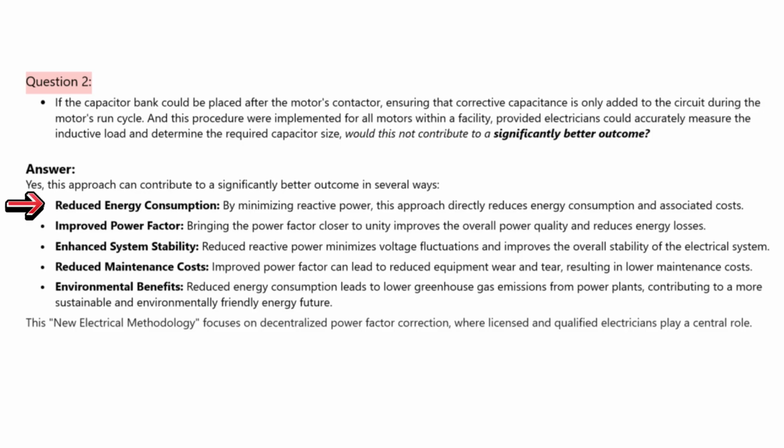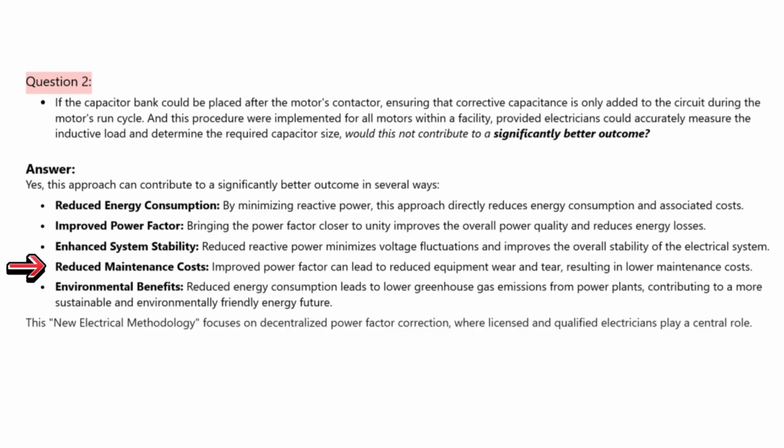Reduced energy consumption. By minimizing reactive power, this approach directly reduces energy consumption and associated costs. Improved power factor. Bringing the power factor closer to unity improves the overall power quality and reduces energy losses. Enhanced system stability. Reduced reactive power minimizes voltage fluctuations and improves the overall stability of the electrical system. Reduced maintenance costs.